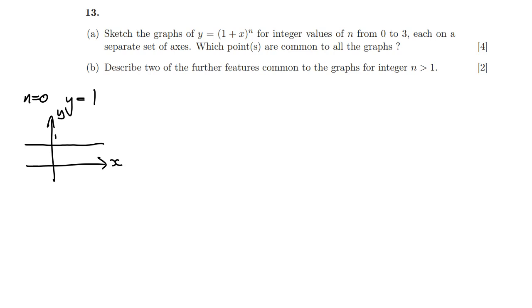Next, n equals 1. So this is y equals 1 plus x. You should be able to see that this will be a straight line of some sort with gradient 1 and intercept 1.